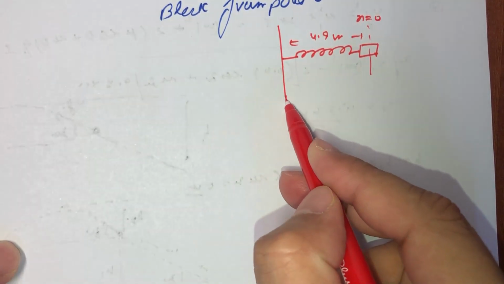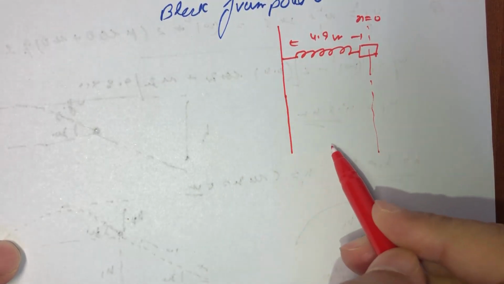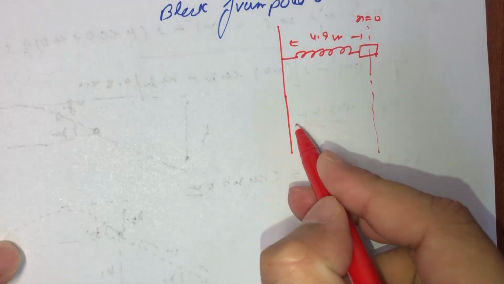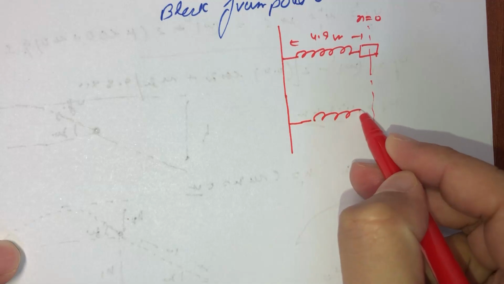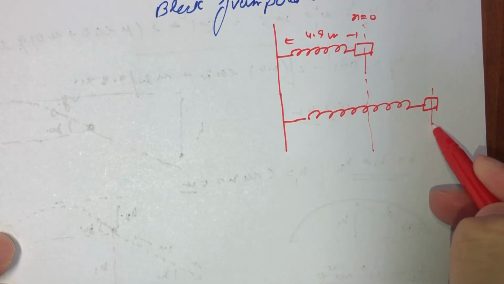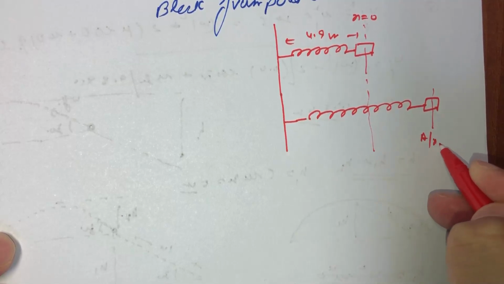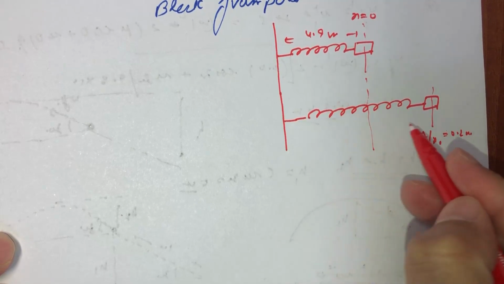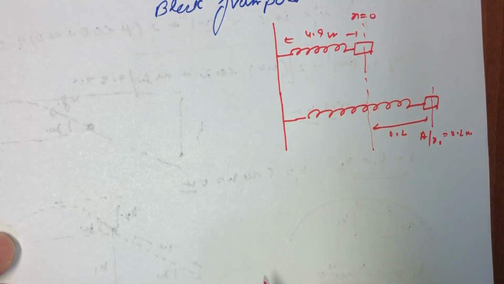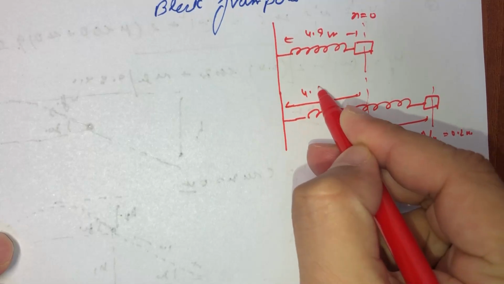Then the block is stretched such that from the equilibrium position it is displaced by 0.2 meter. Now it is at the position of displacement, and this is our x naught or a, given as 0.2 meter, and this part is still 4.9 meters.